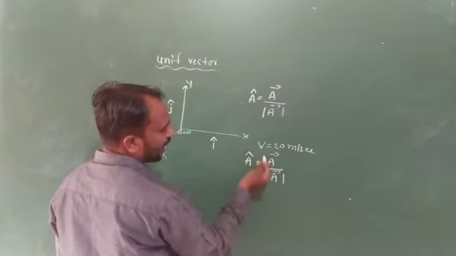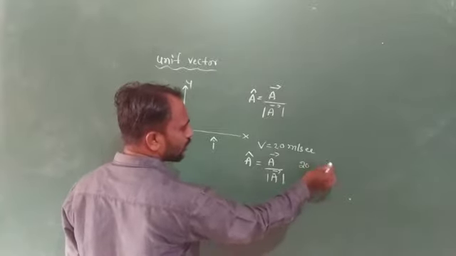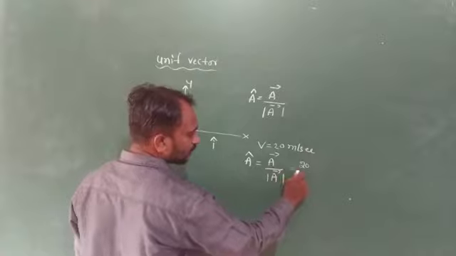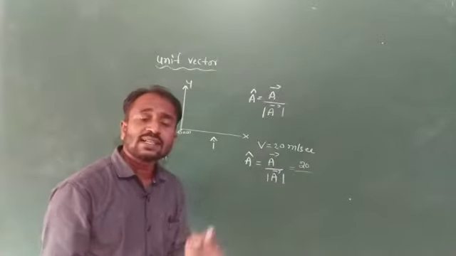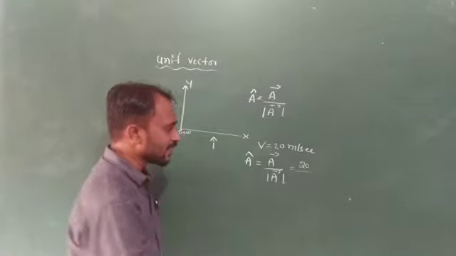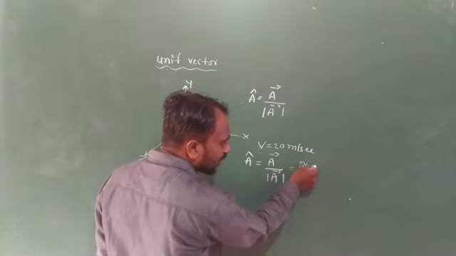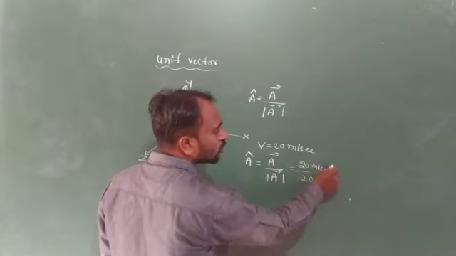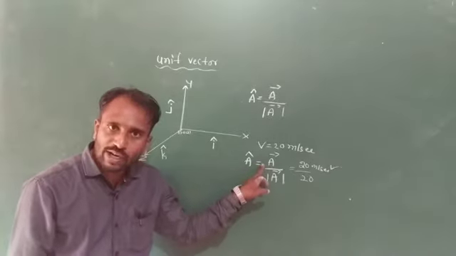Vector a means the velocity, so its value is 20 meter per second, and modulus of vector a means only the magnitude of the velocity, that is 20. This 20 meter per second represents both the magnitude as well as the direction, because it is a vector quantity.